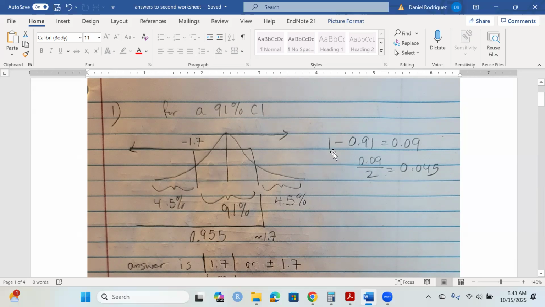So the complement of confidence is alpha. That's basically being non-confident, or the probability of a false positive result. That's by definition what alpha is. So 1 minus 0.91 is 0.09. Because we're doing a confidence interval and the interval surrounds our estimate, we have to split this alpha in two. Half of it is going to be at the top of this distribution with a positive end.